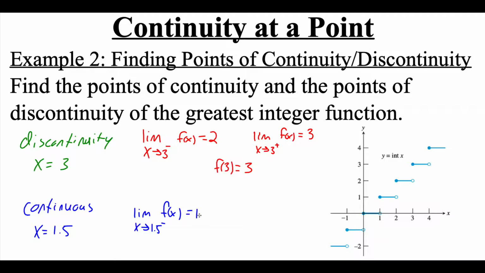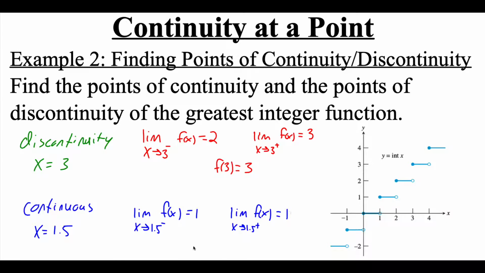As we approach 1.5 from the left-hand side, we're still along this flat horizontal chunk at the y value of 1. But then if we do the limit of this function as x is approaching 1.5 from the right-hand side, so if we start at 2 and work our way in, again, we're along that flat horizontal line at the y value of 1. So both of those have a limit of 1.